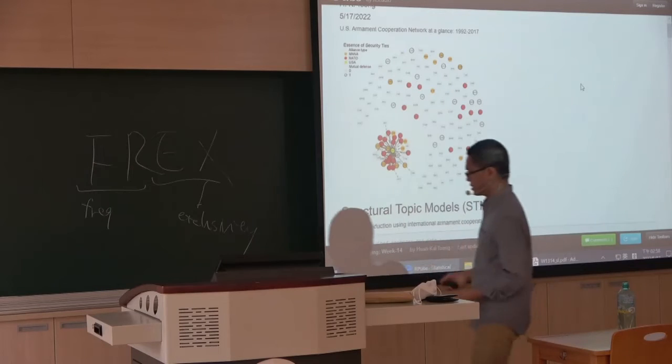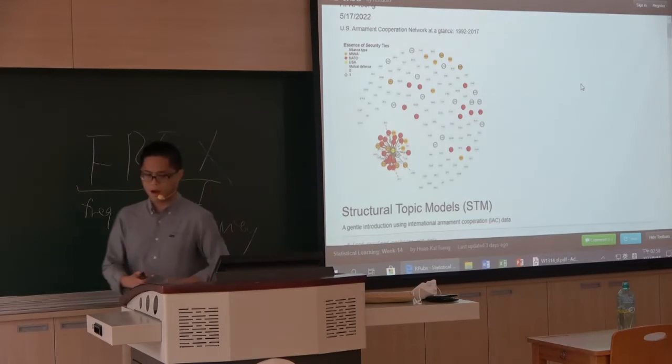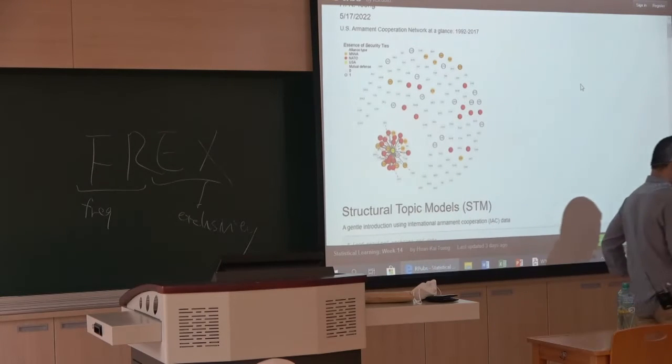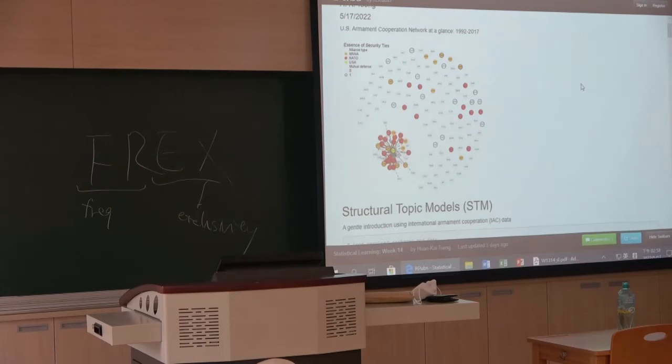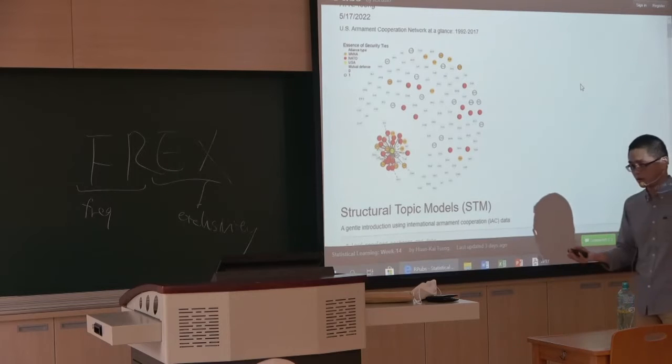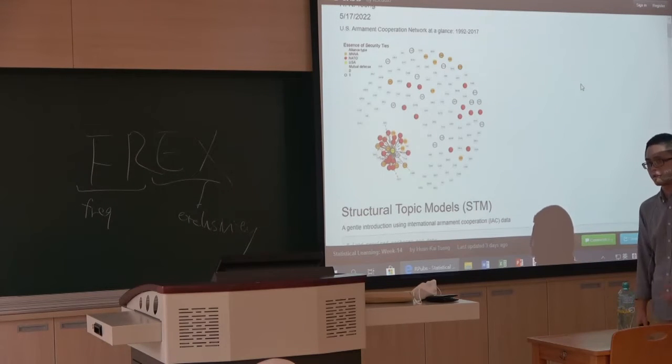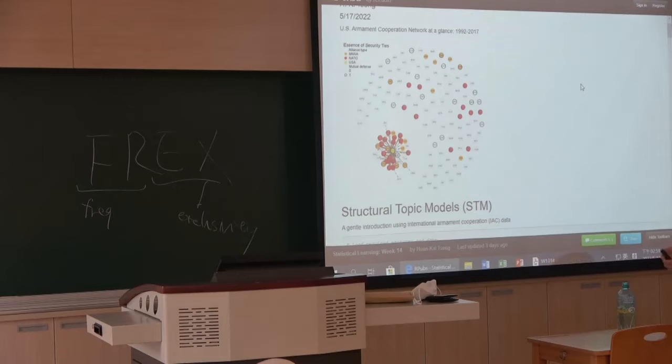So building on this understanding, I collected a set of international armament collaboration related news articles and official documents, and I organized them into a spreadsheet, which I put in a CSV file.